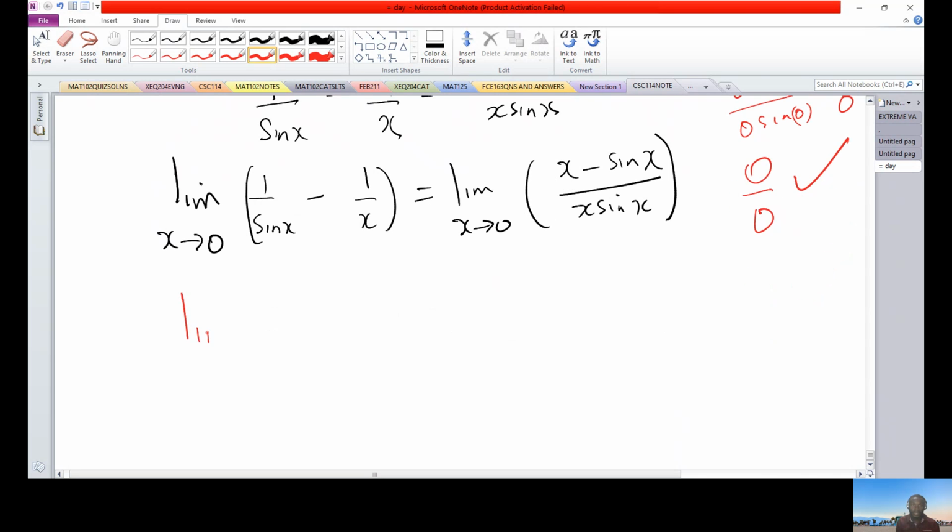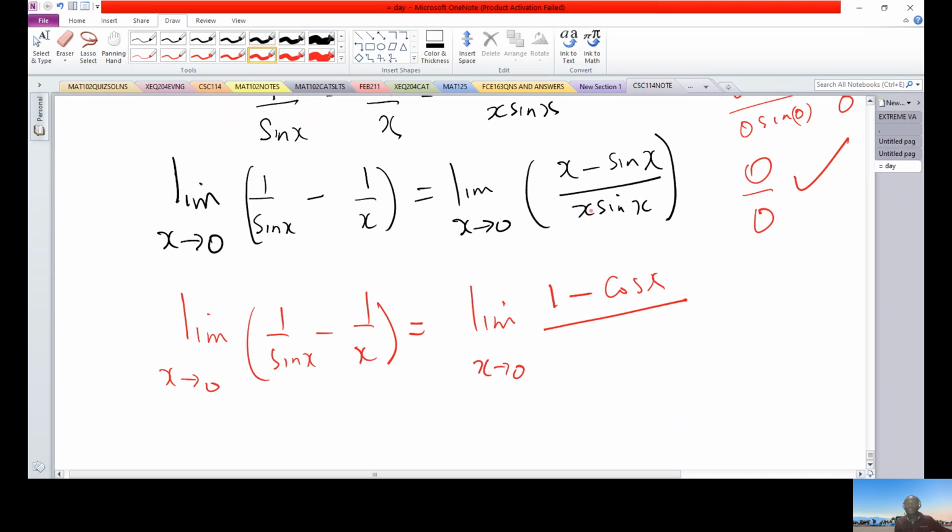So therefore, limit as x approaches 0 of 1 over sine x minus 1 over x will be, now we differentiate this function. So x approaching 0, 1 minus cos x. This one we use product rule because they are a product of two functions, x and sine x. So u prime is 1, so sine x, plus v prime is cos x times x will be x cosine of x.